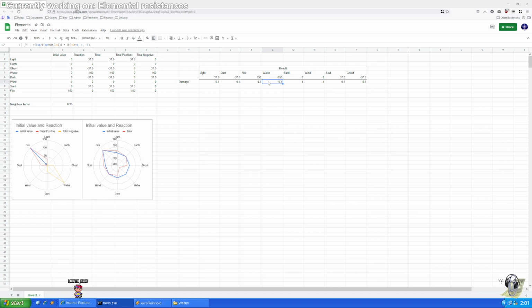Actually, no, this is actually fine. Or not. So for 150, we have half the damage for the fire. If I attack fire with fire, and I have 1.5x damage on water.